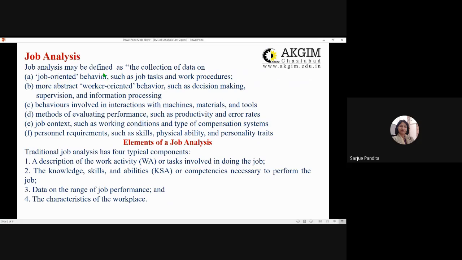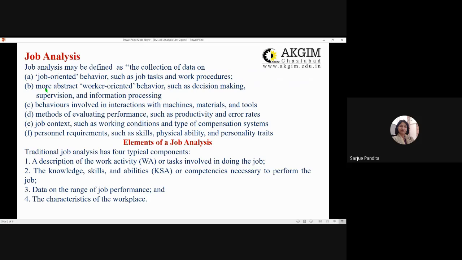Job analysis may be defined as the collection of data on job oriented behavior such as job tasks and work procedures. Job oriented behavior means that you have certain tasks and work procedures which require a certain type of behavior to fulfill that particular task and job.